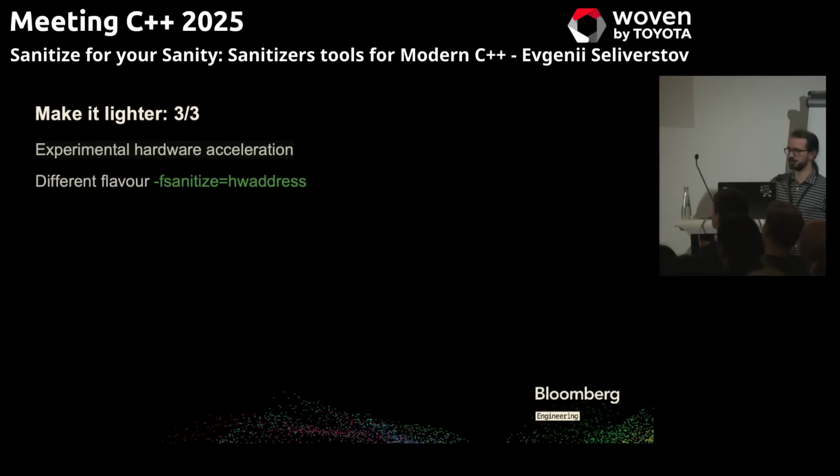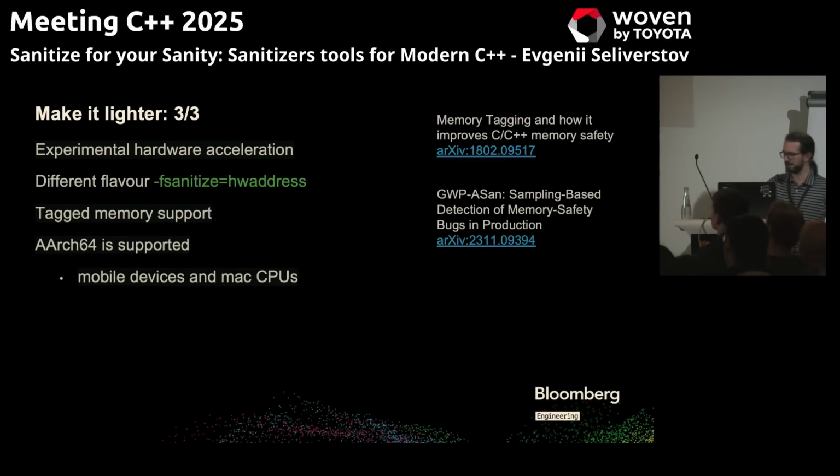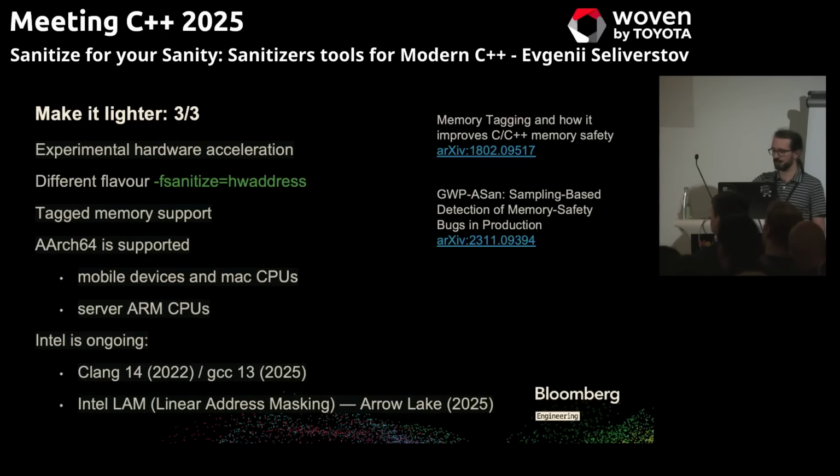It's a different kind of sanitizer, hardware sanitizer, based on target memory support, which currently exists in ARM64, so it's probably about saving us from problems in mobile devices and server programs. For Intel, it's slower to adopt because it's only in recent compilers and only in recent hardware.